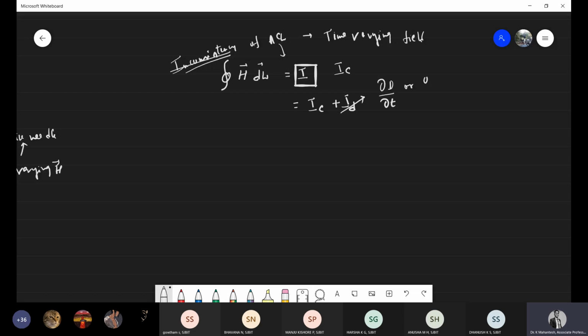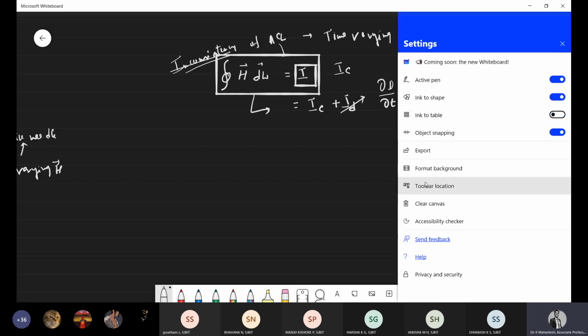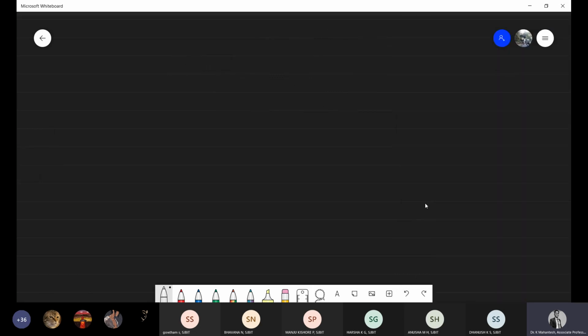Now the Ampere circuital law, which was equal to I only, will be modified as IC plus ID. And now we are going to derive the equation for a modified Ampere circuital law stating the inconsistency of Ampere circuital law, which we have derived previously.